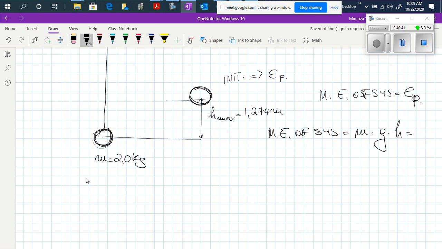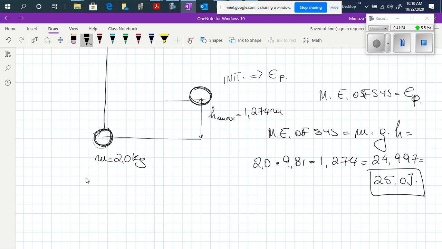In our case, it will be 2.0 times 9.81, assuming this is happening at the surface of the Earth, times 1.274. Using your calculator, 2 times 9.81 times 1.274 will be 24.997, or you can say it is 25. It's fine. Joules.